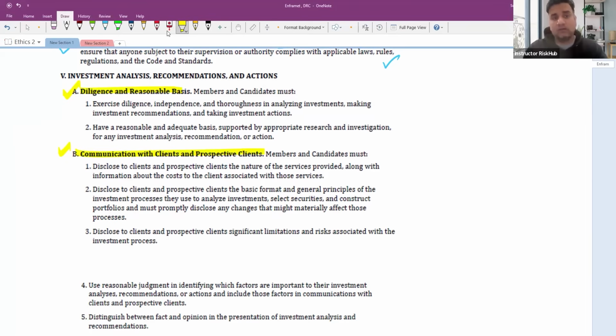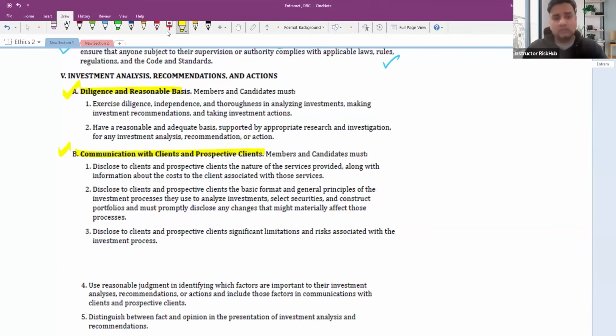When I talk about diligence and reasonable basis, the idea is that members and candidates must do proper research, exercise diligence, independence, and thoroughness in analyzing investments, making investment recommendations, and taking investment actions. They must have a reasonable and adequate basis supported by appropriate research and investigation for any investment analysis, recommendations, or anything.